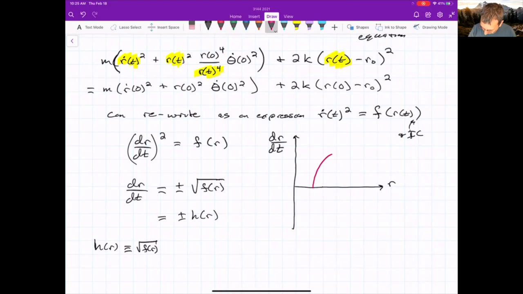So there's an upper half to the cycle and then a lower half to the cycle. And they're complete mirror images of each other. So this is h of r. Down here, this is minus h of r.